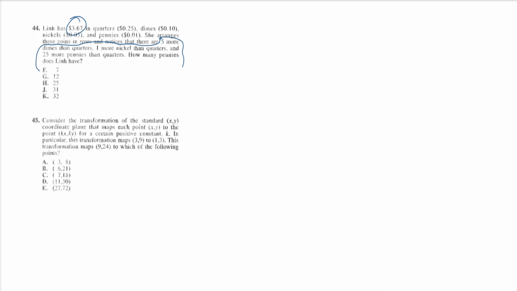Okay, so let's start with x is the number of quarters, right? And it's probably been a while since you've done one of these questions, so you'll recognize it, right? But the count versus the value are going to be our two equations, right? So we know that the total value is 3.67, right?